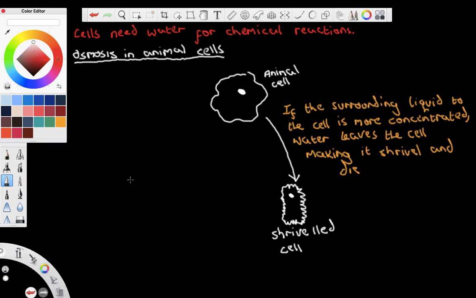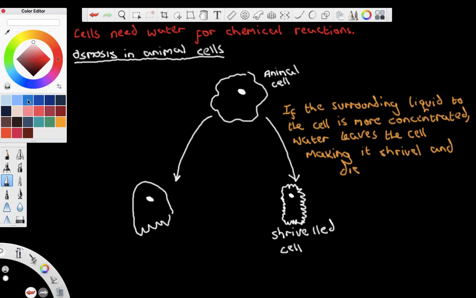On the other hand, if the surrounding solution is more dilute, water will move into the cell, and rather than the cell shriveling and dying, the cell will burst. Okay, so there's its nucleus.